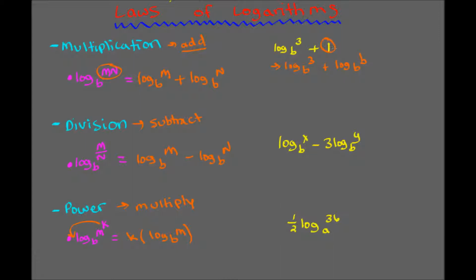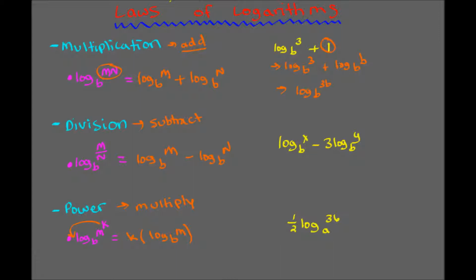That's why we convert the integer into a log. Now that we have two logs with the same base, we can do the reverse of this rule right here, and we would get log base b of 3 times b, or 3b. And that's our final answer right there.